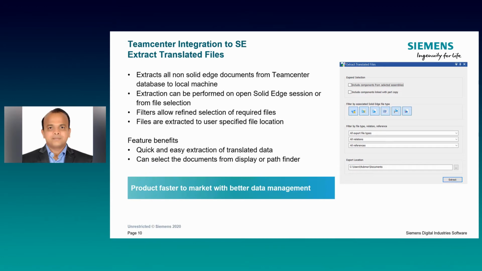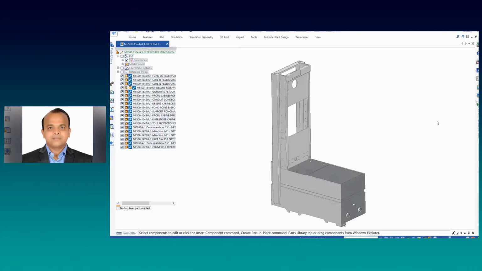A manual process will be a time-consuming exercise for this and error-prone. You can use the automated way of extraction using Extract Translated Files. This process is easy and quick. Let's take a look at this.